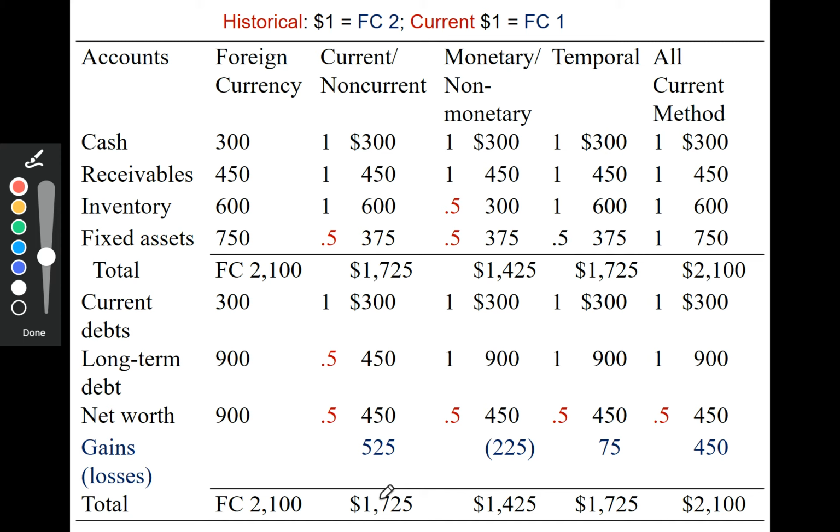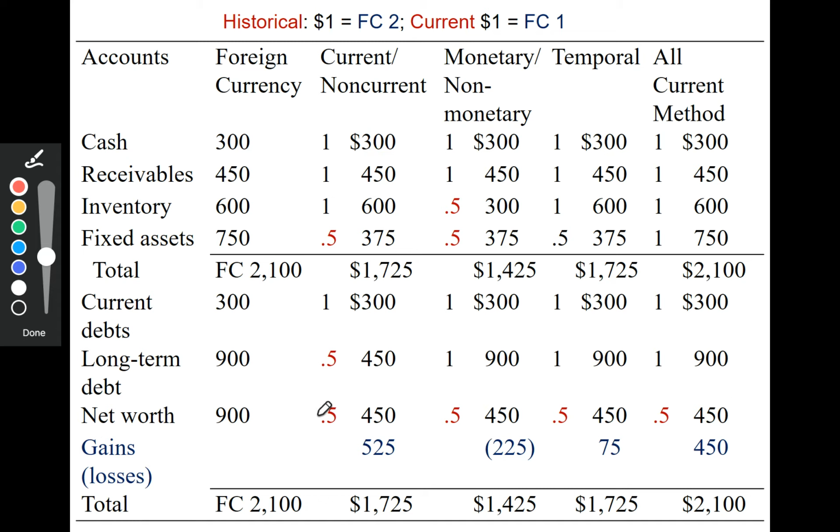Then you go to actually translating the other side of the balance sheet, liabilities and owner's equity. We focus first on current debts, current liabilities, and they are all current, short term. We multiply them by 1. Long-term debt, this is non-current, long-term, multiplied by half. Net worth or equity, we always multiply by half for equity, and it's done under every method you're multiplying by half, so that's easy.